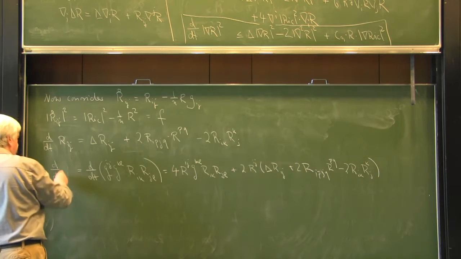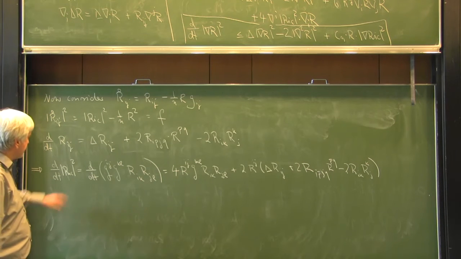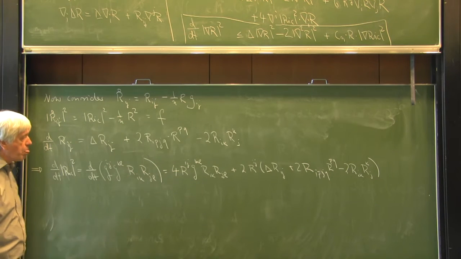This is just the evolution equation of Ricci squared. It's just part of it, it's not f yet.